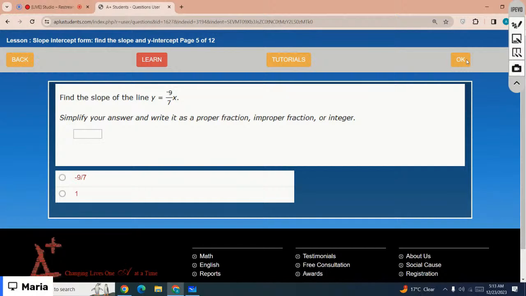The correct option is, yes, that is negative 9 over 7.